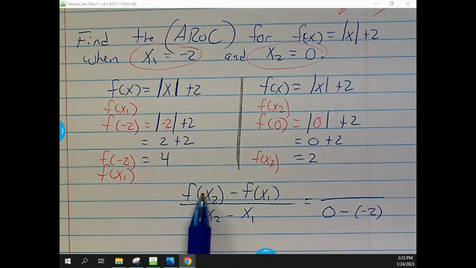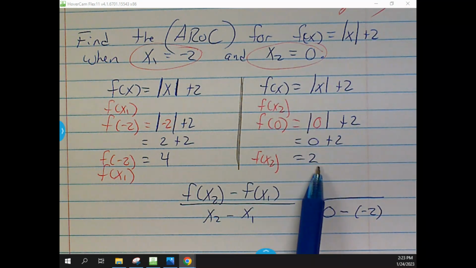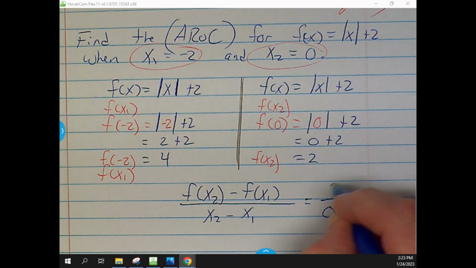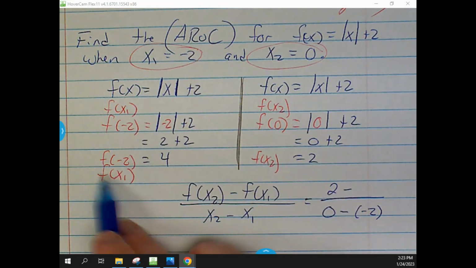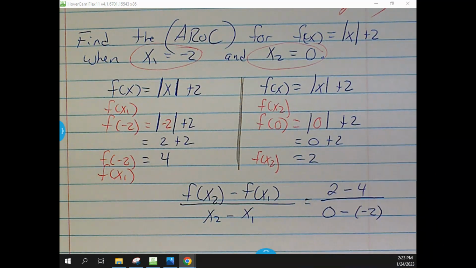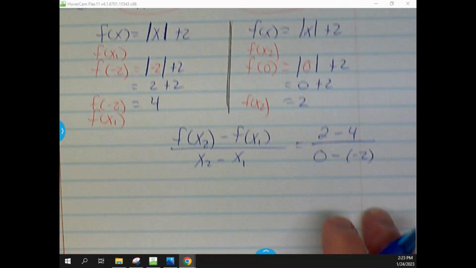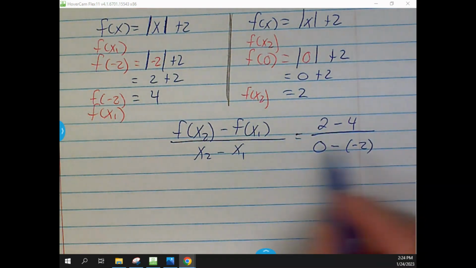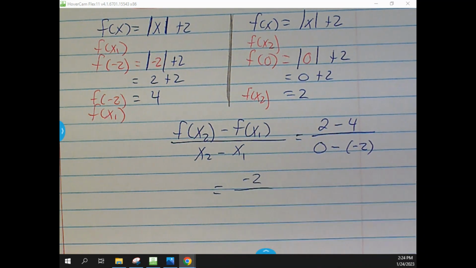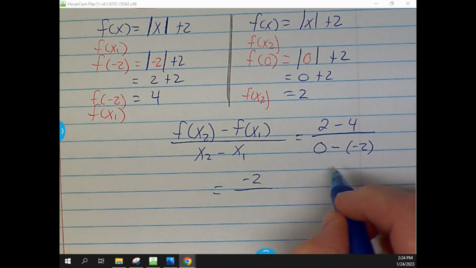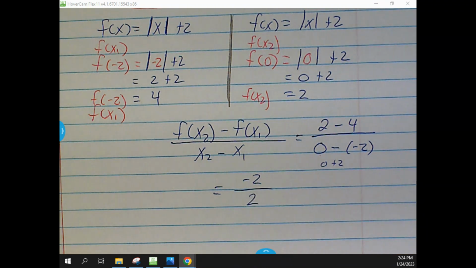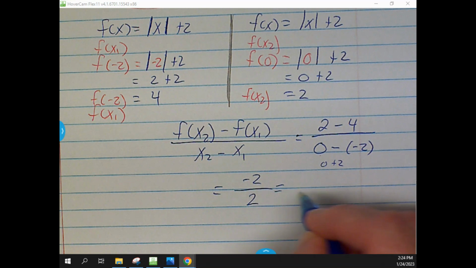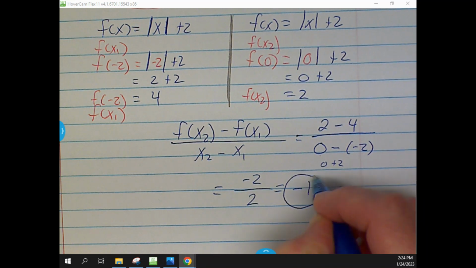And again, to get f of x2, that's where we took this number and plugged it in. So the f of x2 was 2. F of x1 is where we took this number and plugged it back in. That's 4. So that leaves us with 2 minus 4 and 0 minus negative 2. 2 minus 4 is negative 2. 0 minus negative 2 is 0 plus 2. So that's 2. So negative 2 over 2 is negative 1.